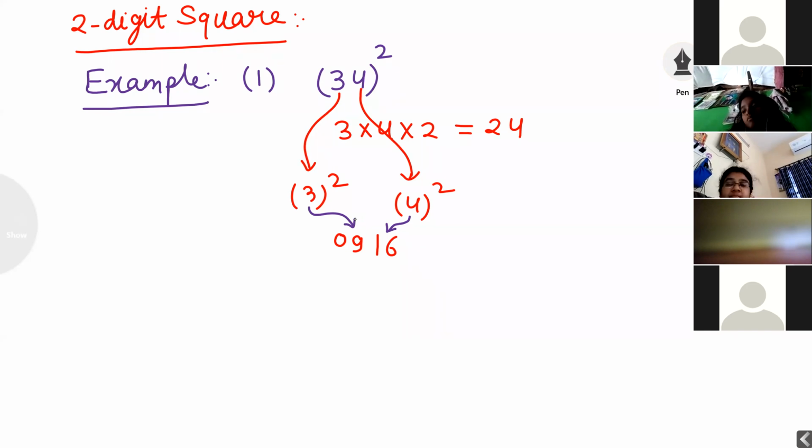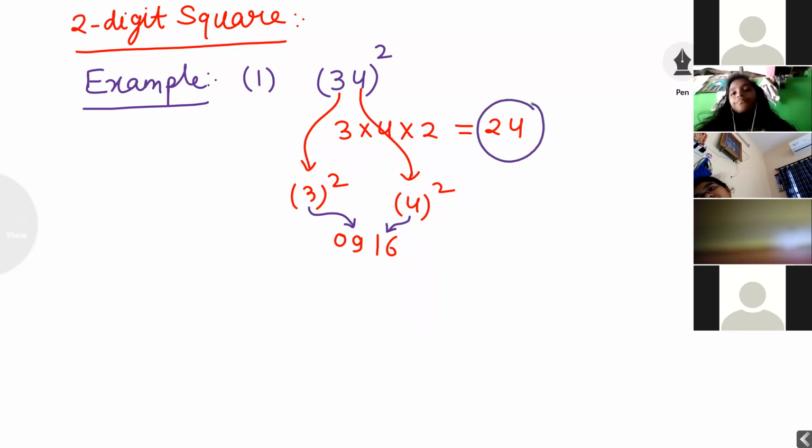After that, how to find it? Listen carefully. Now the digits have come 0916, and I have multiplied all three digits, and the answer is 24.